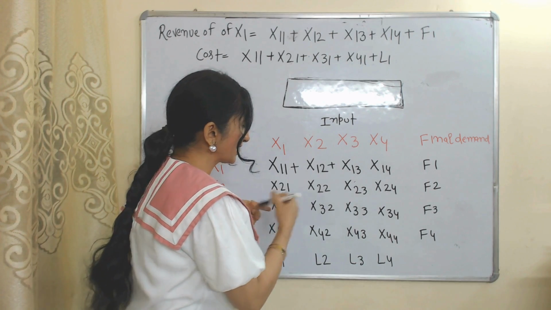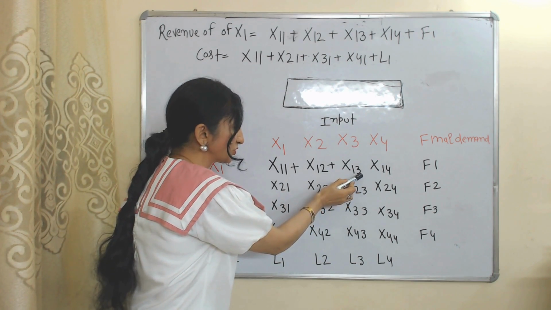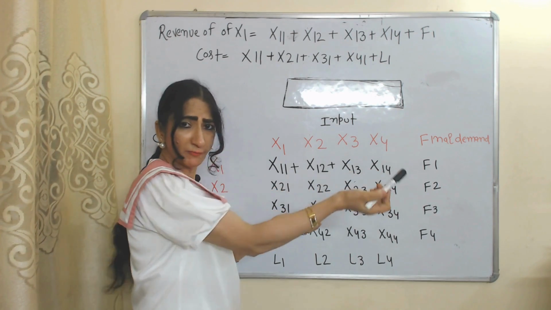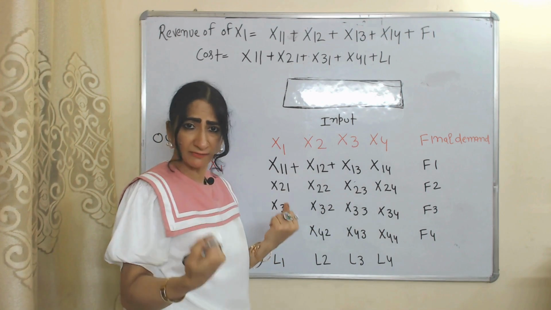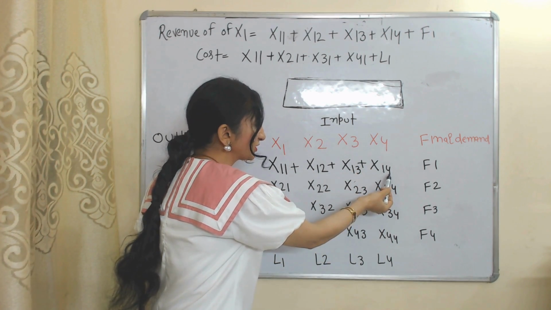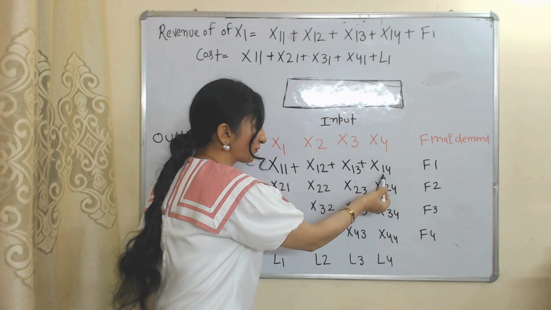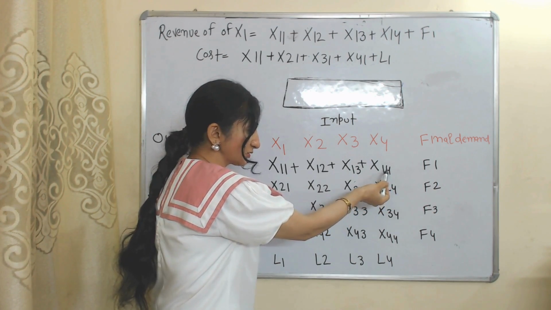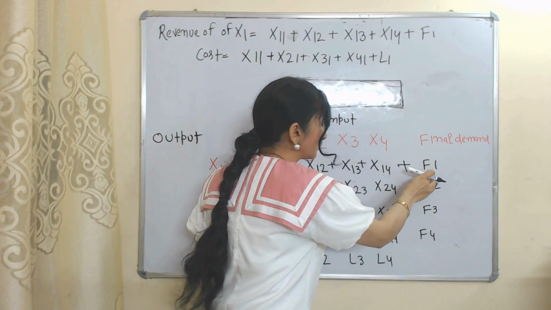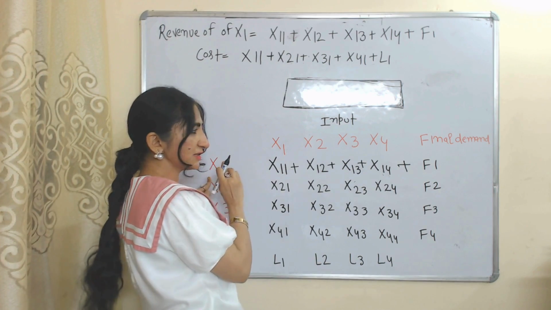Plus in this case, the third industry is using the output of the first industry as an input, so obviously the first industry in return will receive some income. Plus in this case, the fourth industry is using the output of the first industry as an input, this is also part of income. Plus this is the final demand for the first industry in the market.